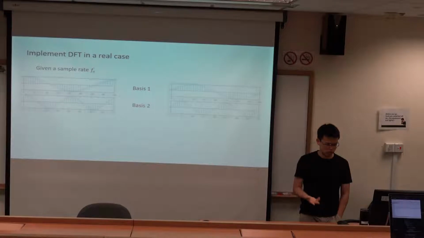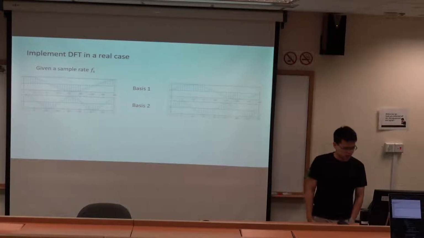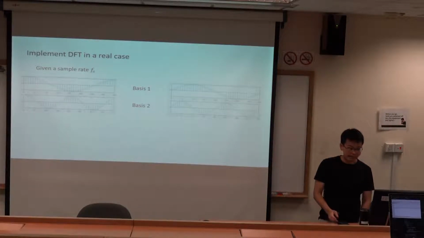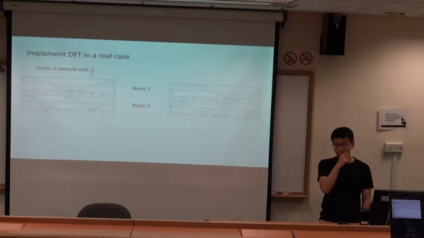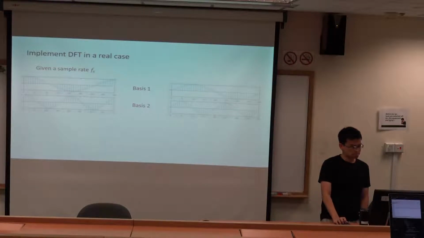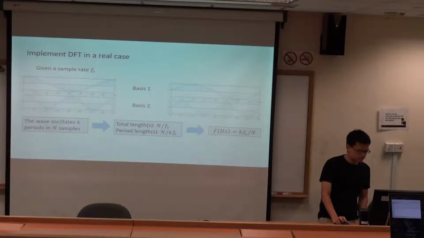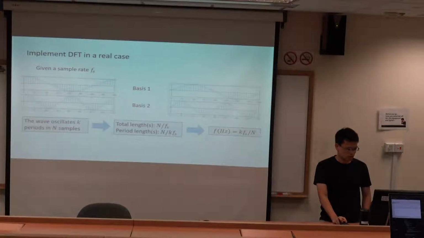Okay, but what frequency is that? The answer is we don't know, unless we're given a sample rate, right? If I give you a sample rate, then the basis oscillates k periods in n samples, and we can calculate the total length.